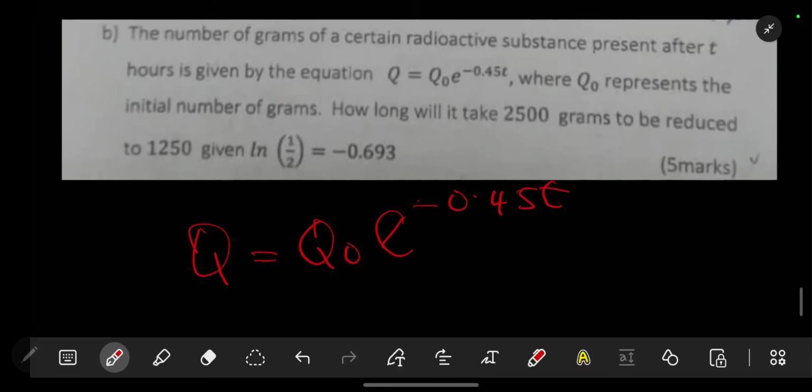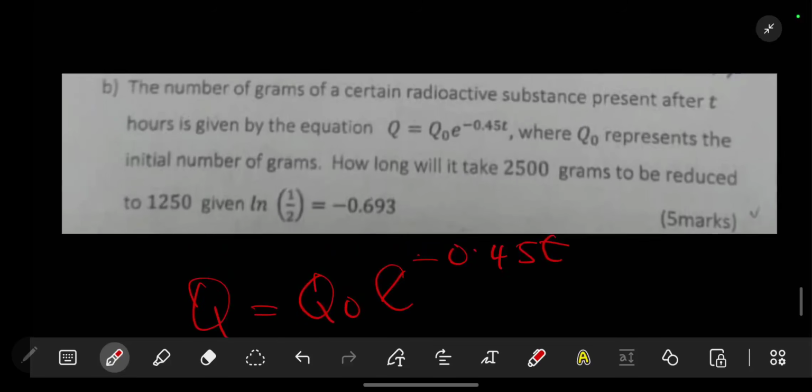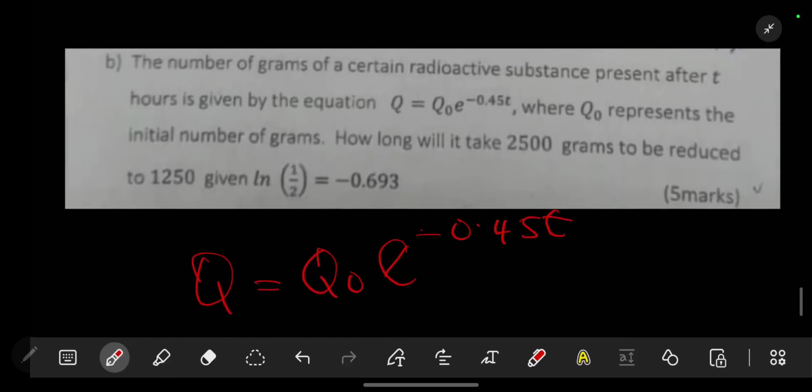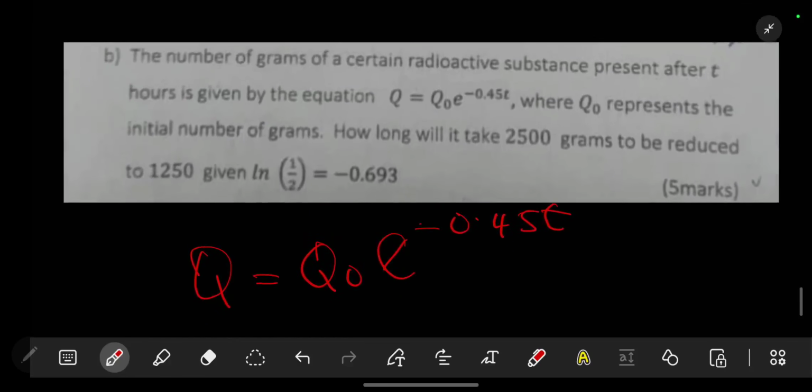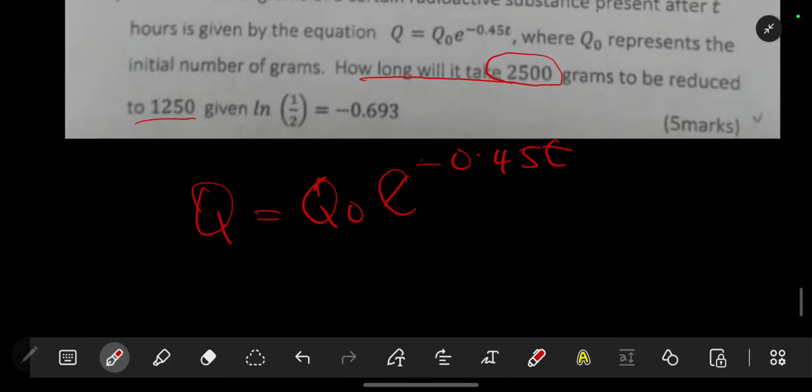So how are we going to solve this one? We are going to solve it by simply substituting. So Q0 is the original. So how long will it take to move from this amount of grams to this? Where this Q is the remaining.